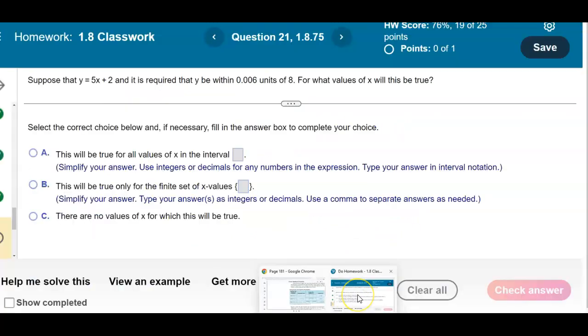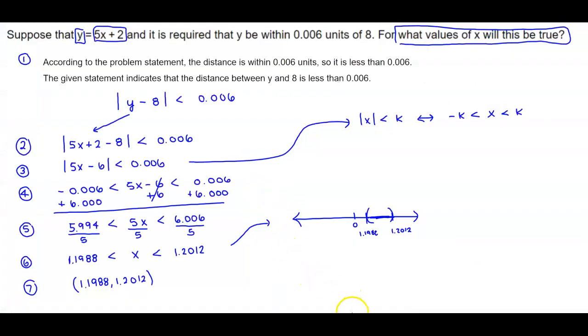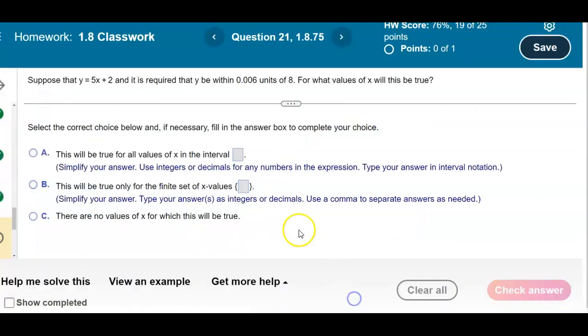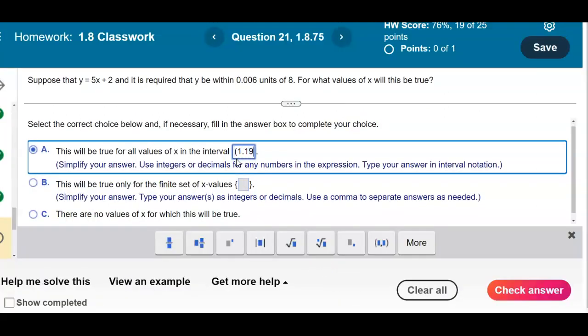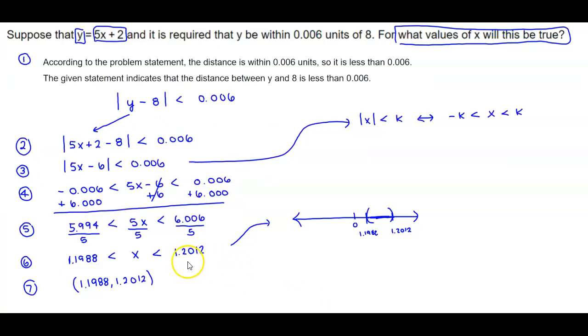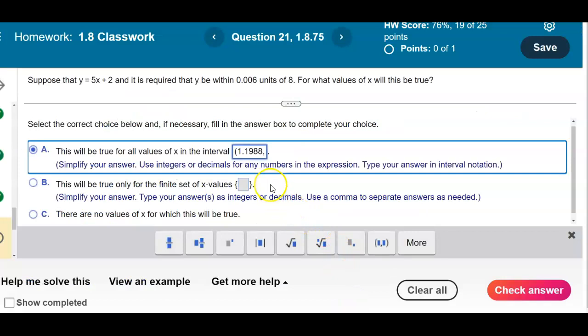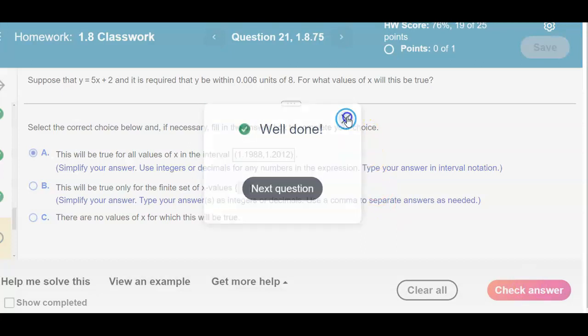So we have the parenthesis 1.1988, comma, and then the next number is 1.2012 with a parenthesis. Let's check our answer, and there is our result.